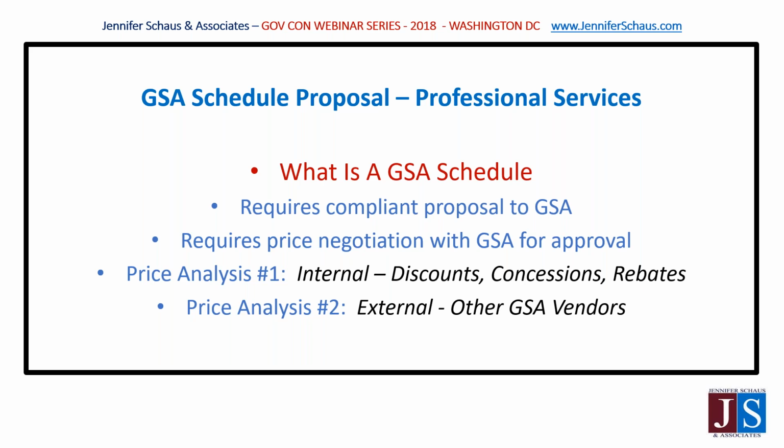And if the average GSA schedule holder has a rate of let's just say $65 per hour, and you're proposing 78, GSA will more or less not accept that $78 rate.